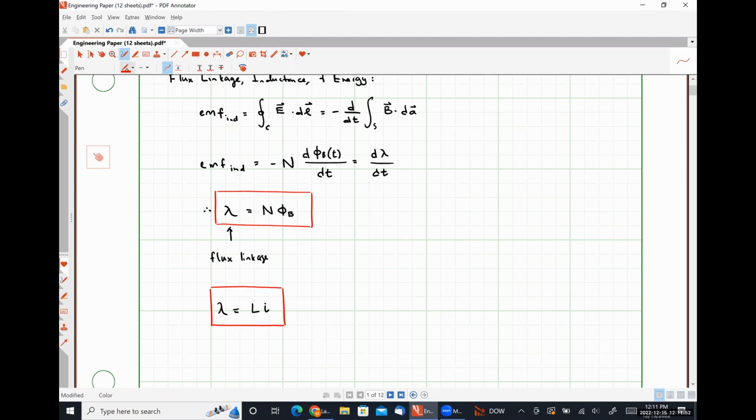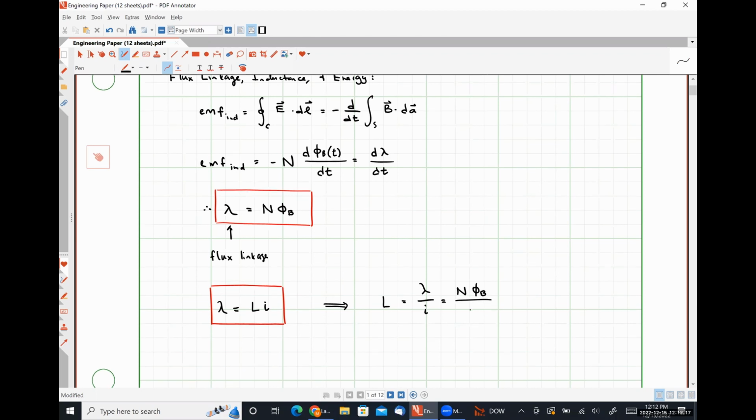This can be rearranged pretty simply to show that inductance is then flux linkage divided by current, or N phi B divided by current. And we can go a little bit further here if we so chose.